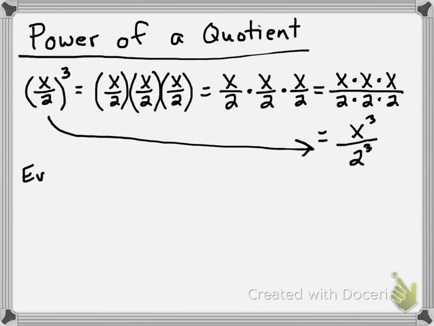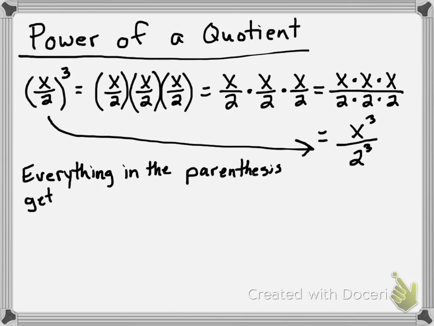So this rule should seem pretty familiar. Everything in the parentheses gets the exponent. So if you've got a fraction, the numerator gets the exponent, the denominator gets the exponent. Everything gets the exponent.